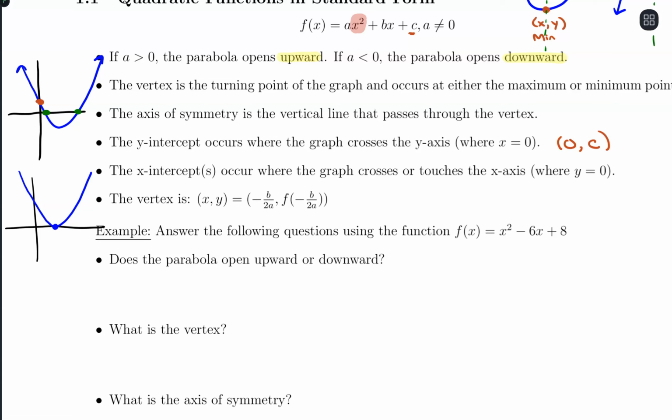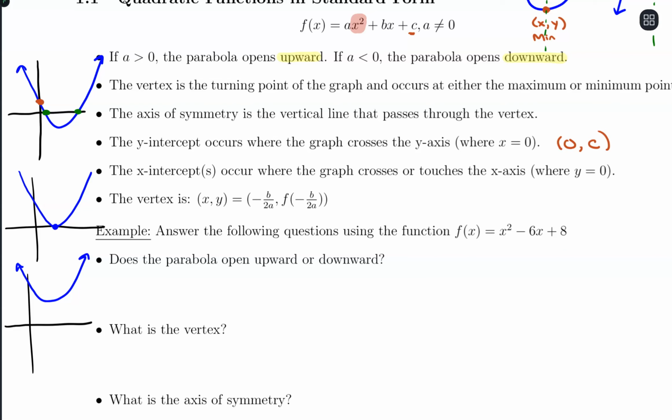We could also have a case of no x-intercepts. So let's say I have a parabola opening upward and it's above the x-axis. That's still a parabola, it just never crosses the x-axis. So that would be no x-intercepts. So these are the three cases we could see. No x-intercepts, one x-intercept, or two x-intercepts where we cross both places.